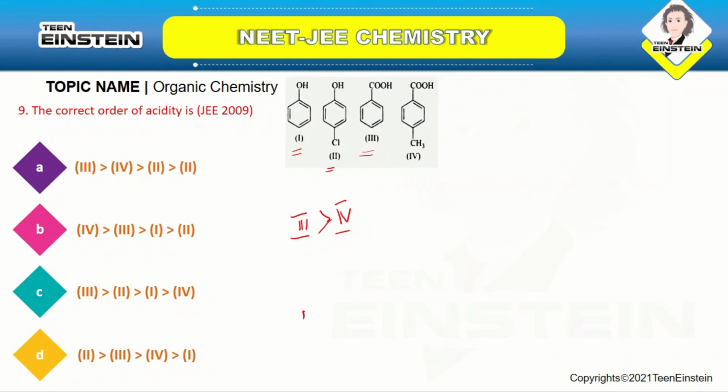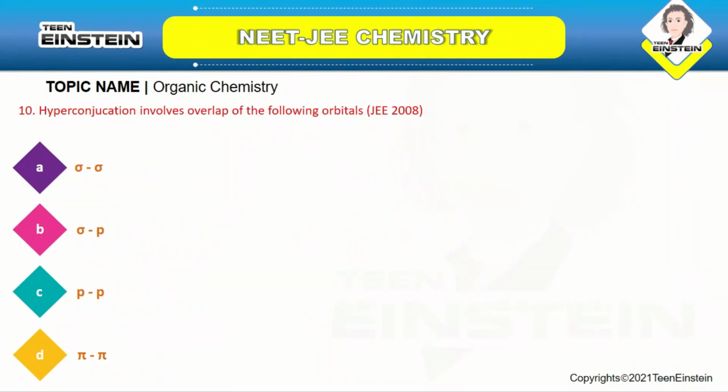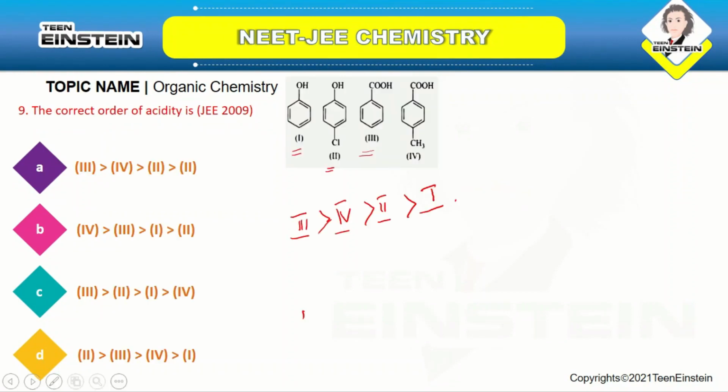So the acidity order of the given compounds is 3, 4, 2, 1. So the correct order of acidity for the given compounds is 3, 4, 2, 1. So option A is the correct answer.